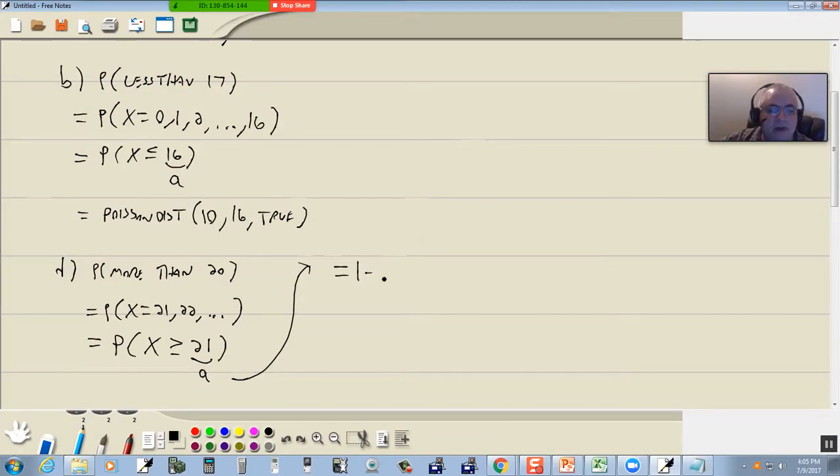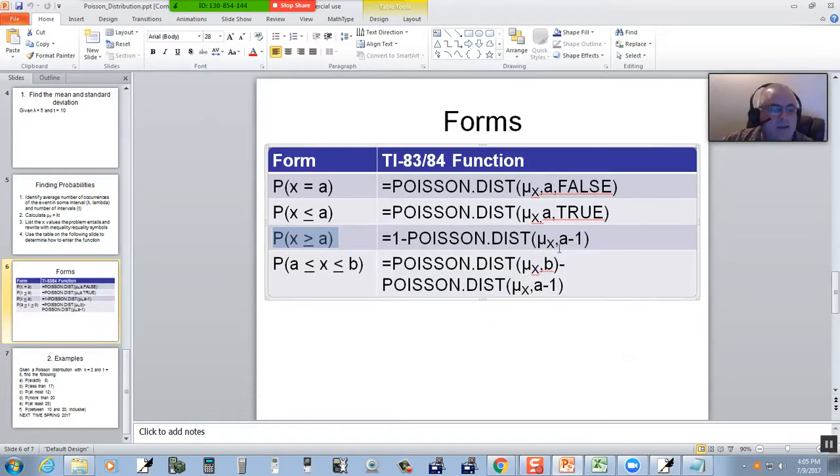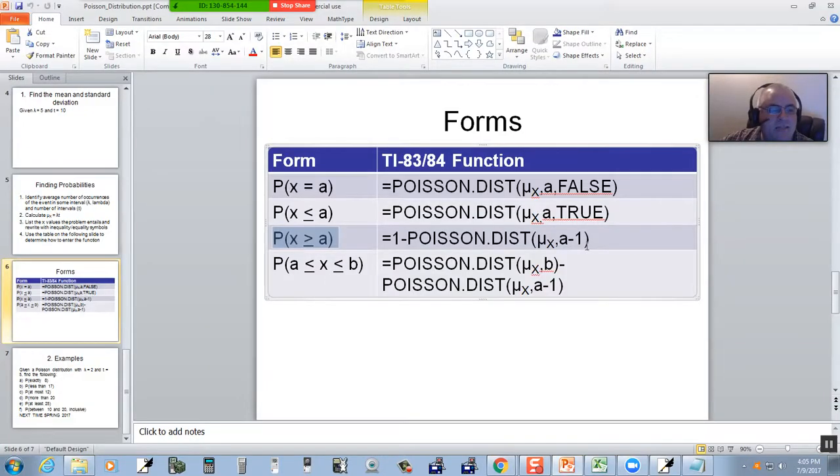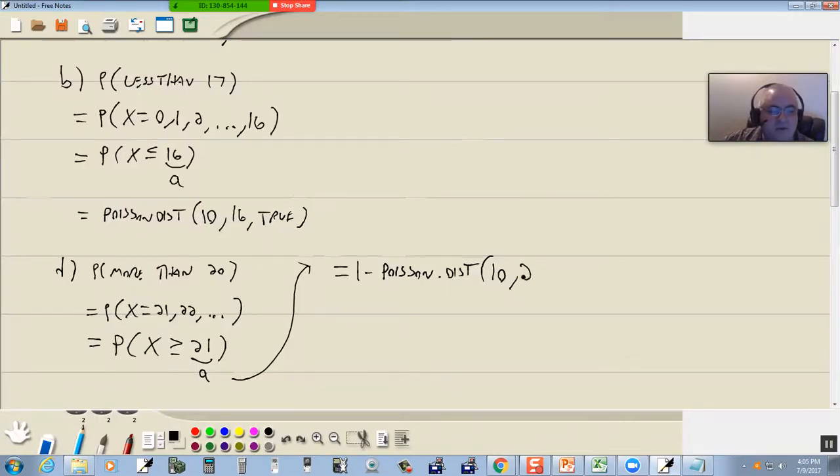It equals 1 minus the Poisson distribution, mean, which is 10, and then A minus 1. I don't remember if I did the A minus 1 in the binomial earlier. I had to bring that up just to make sure I told you correctly. So this would be 21 minus 1. And if you plug that in, that'd give you your answer.